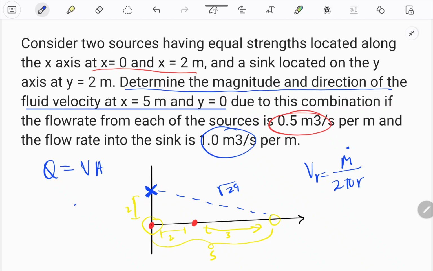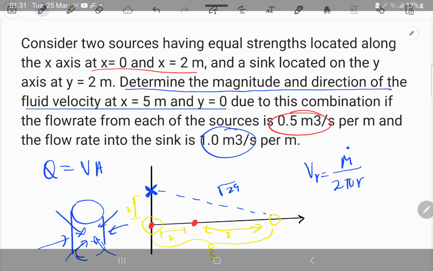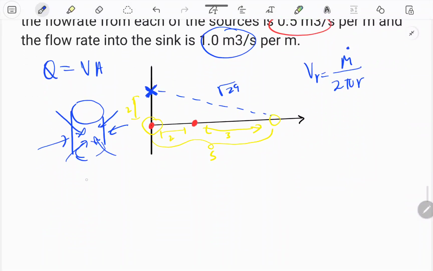So remember, if we have a fluid and then we have this cylinder, we're interested in the volume coming in the side like this. If I draw this from the side, it will look like this from the top view.